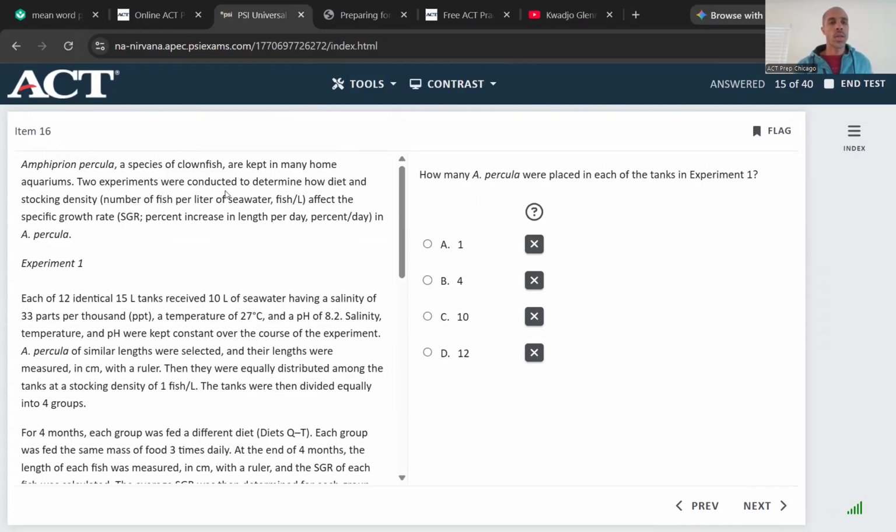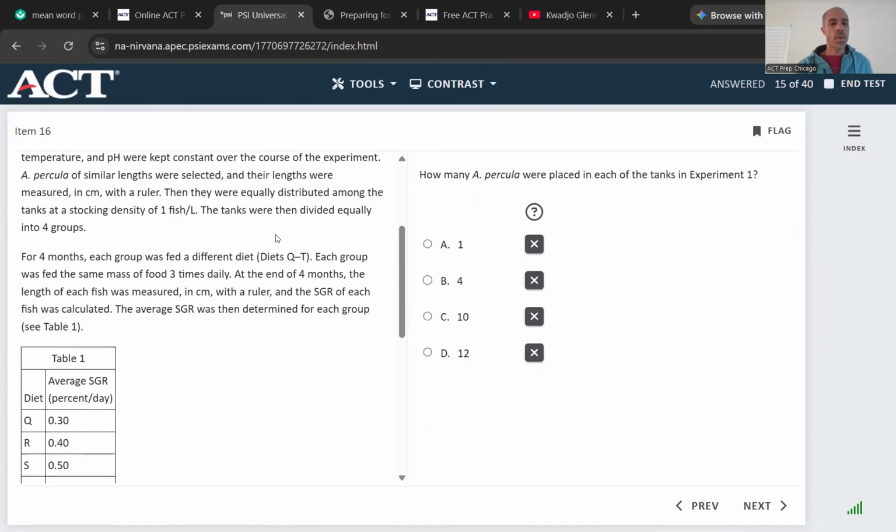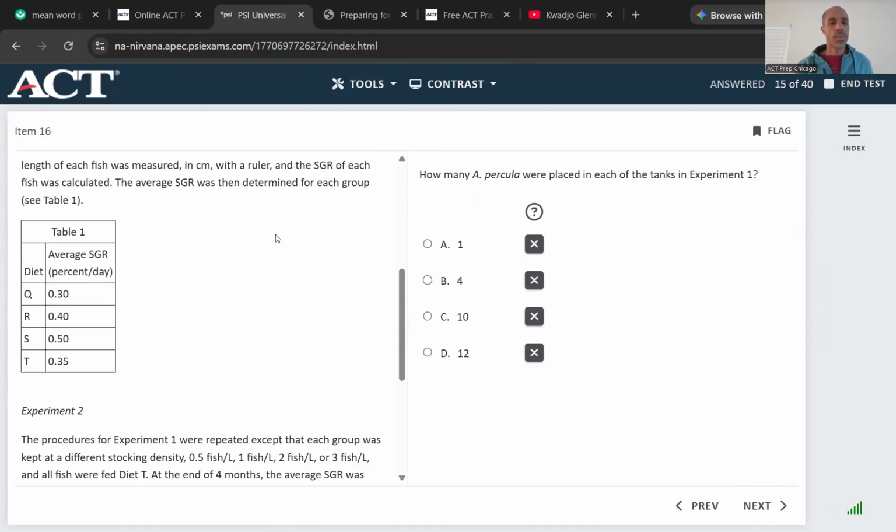How many apicula were placed in each of the tanks in experiment one? Did I miss something? Oh, fish per liter.